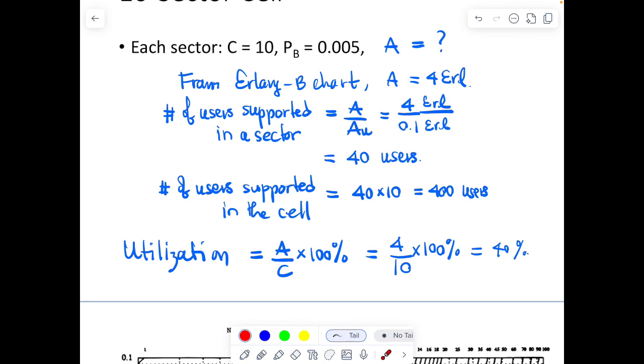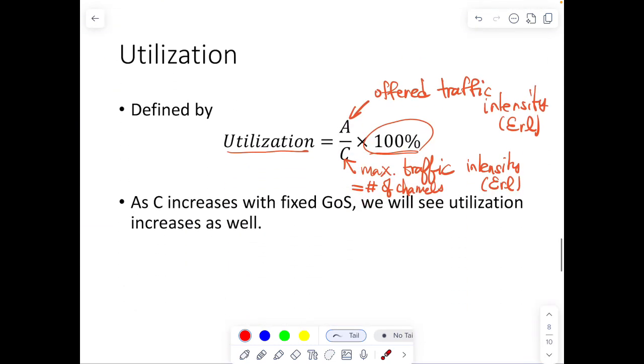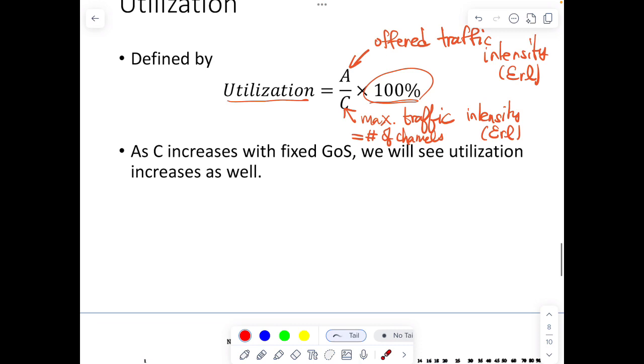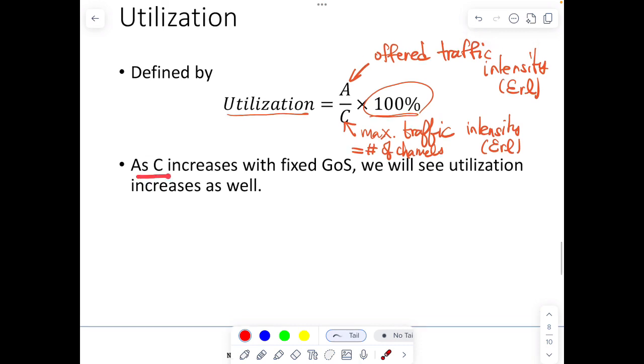The reason that we have to do this 10 sectors is because we want to cut down interference, which you're going to study in the next section or next clip. Okay. So for utilization, as the number of C increases, so if you have a pool of a larger number of channels, then you see that utilization increases as well.